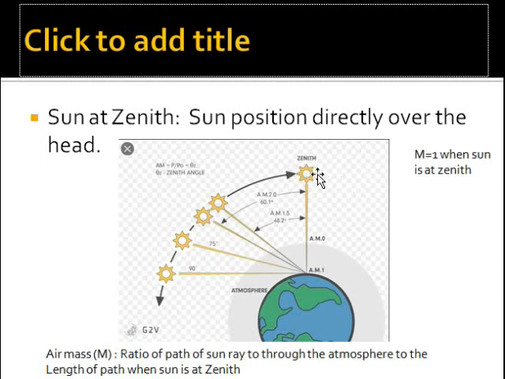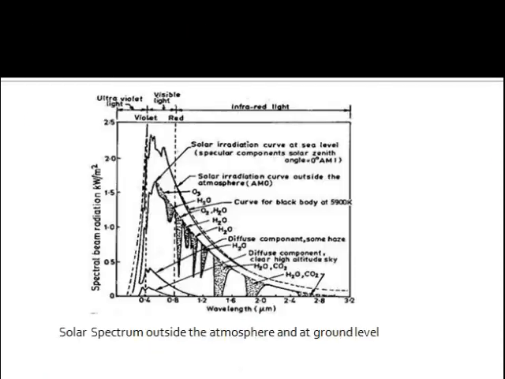That is, air mass is 0, and air mass is 1 at the surface level of the sea on the earth. That is why we can see the energy is lost during its travel.